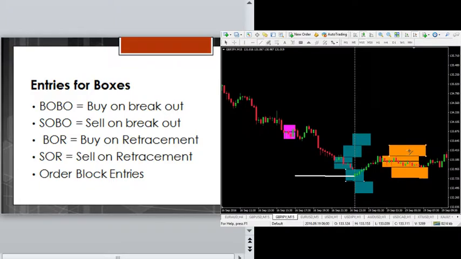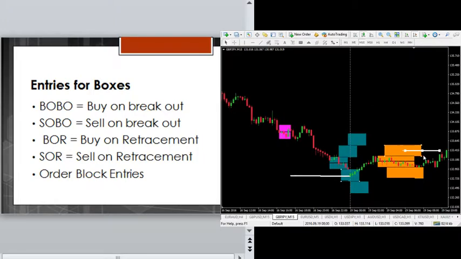Usually what happens is whenever the price reaches 50%, it could go two ways. It could break on the 100% or return to the main box or at the zero level of the second box up. Now this is an example of buy and retracement.